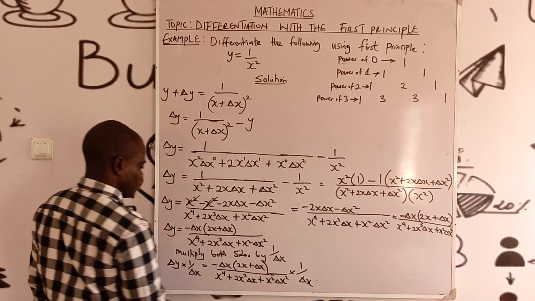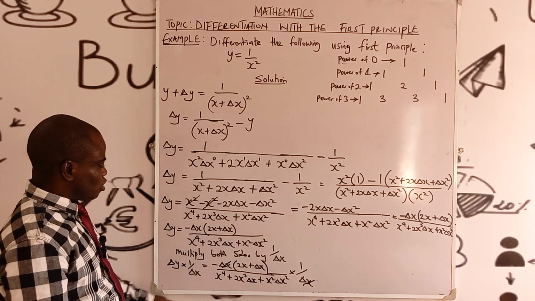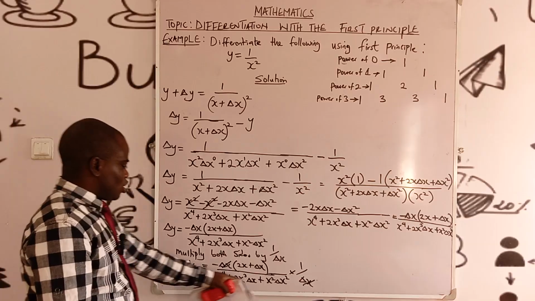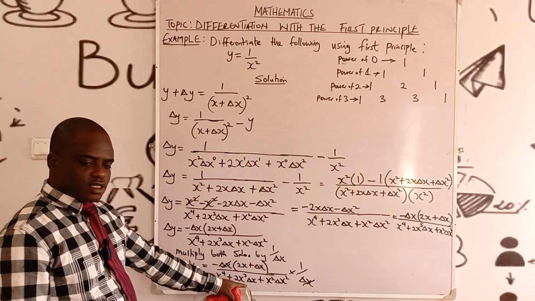When you do that, this dx will cancel this dx. What we need to do is multiply through by 1 over dx so that it will cancel this out. So whatever I do to the left hand side, do it to the right hand side.